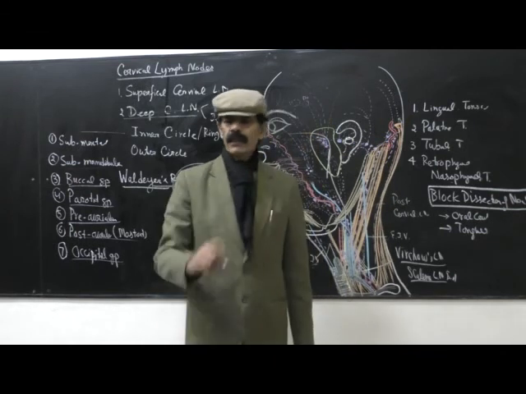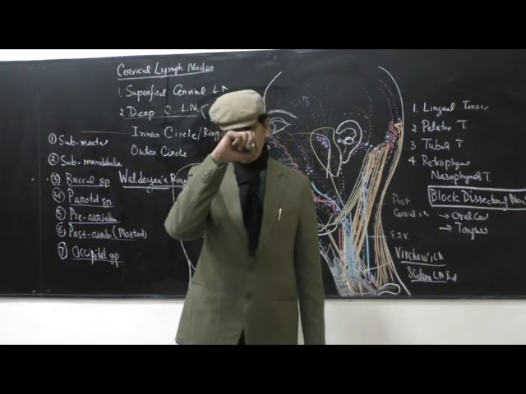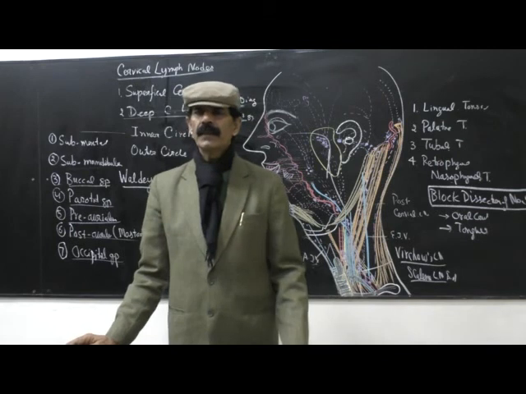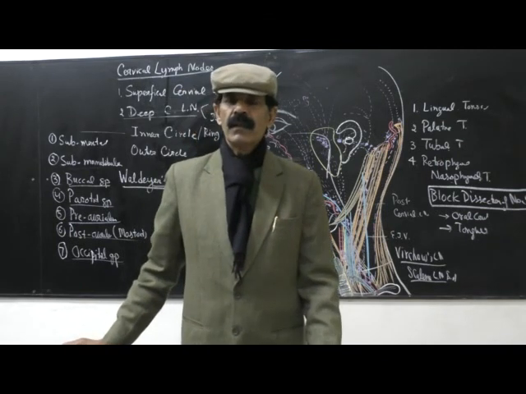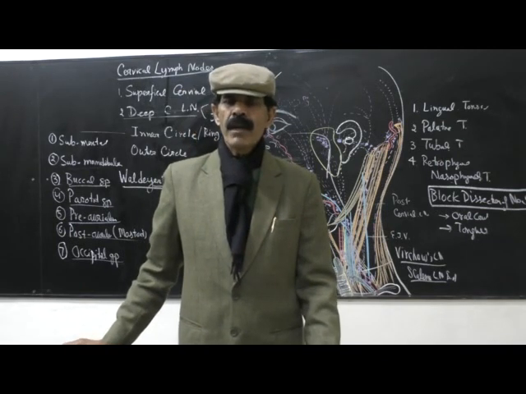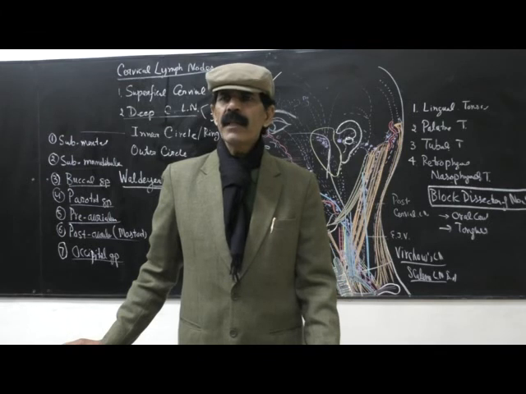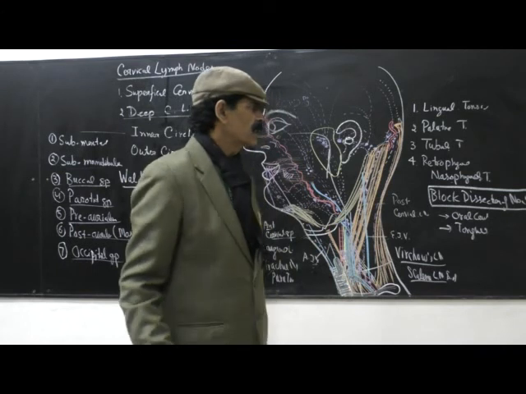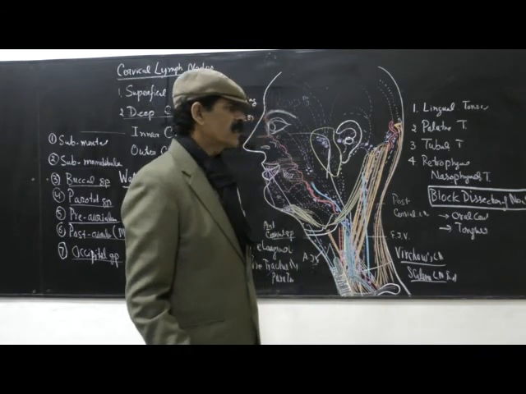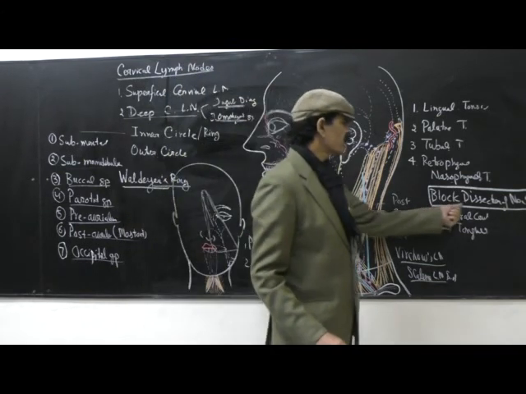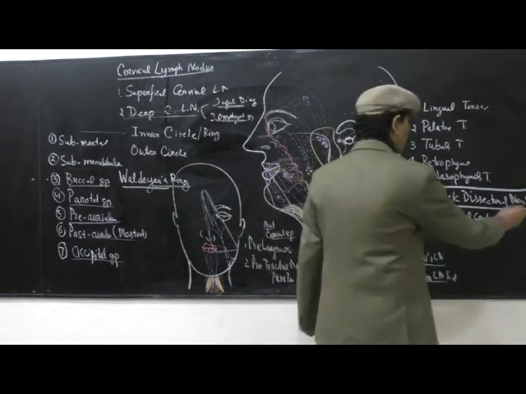So during CA tongue and CA of the lips or the oral cavity, we bilaterally remove the lymph nodes of the neck. And this surgical procedure is called the block dissection of the neck.